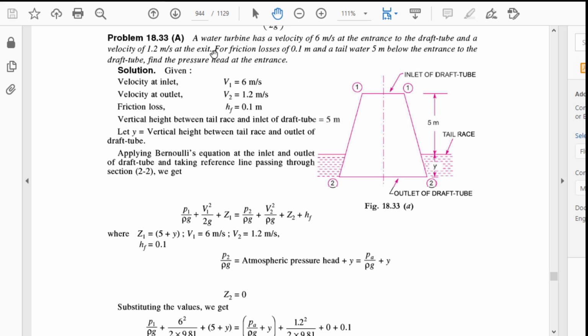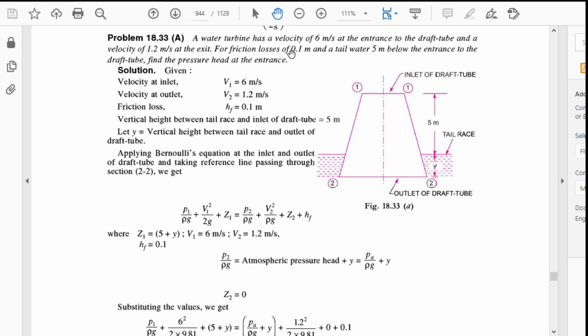For friction losses of 0.1 meter and tail water 5 meters below the entrance to the draft tube, find the pressure head at the entrance.